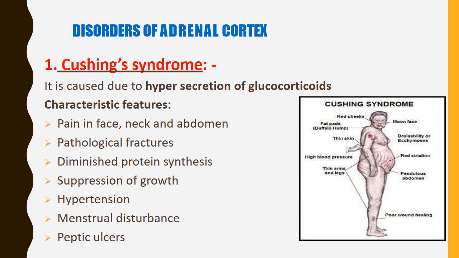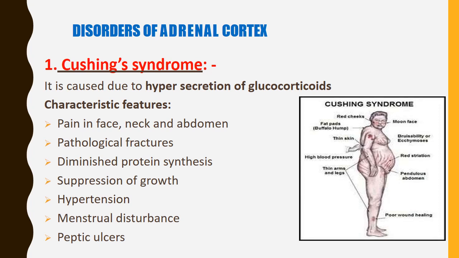Now we'll see the disorders of the adrenal cortex. First one is Cushing syndrome. It is caused by hypersecretion of the glucocorticoids.